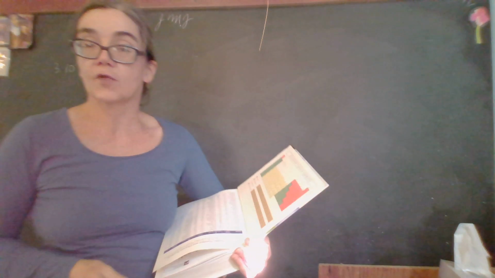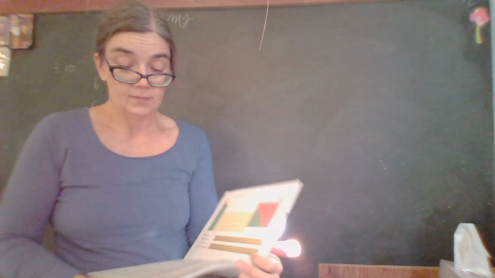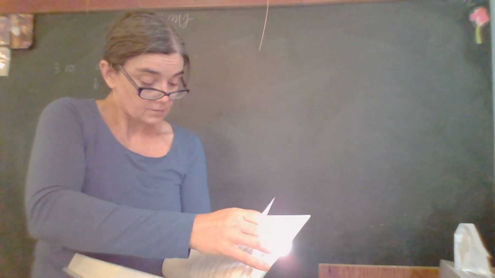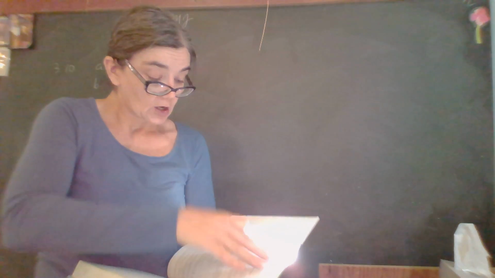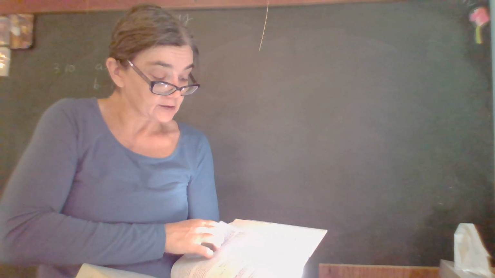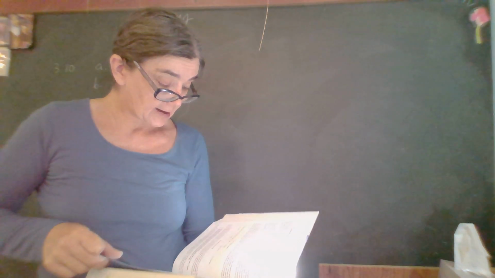So sulfur and fluorine are nonmetals, so it's covalent, okay? So we want to use the rules for naming covalent compounds. Let's look again at the naming of compounds between pages 90 and 91.